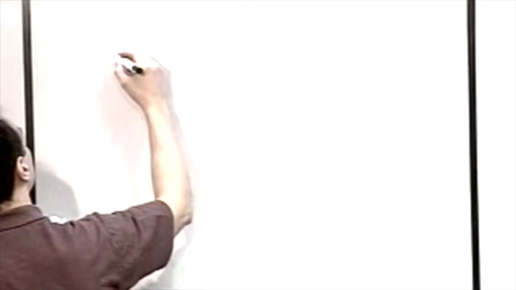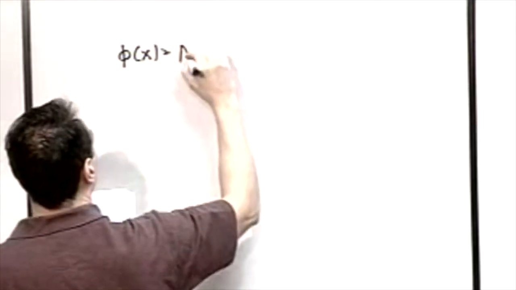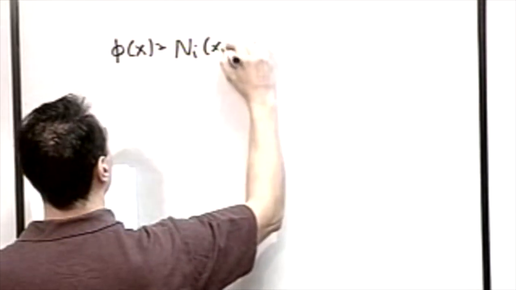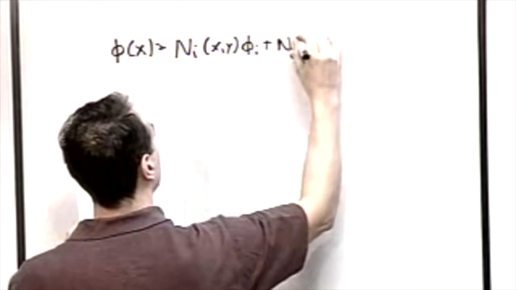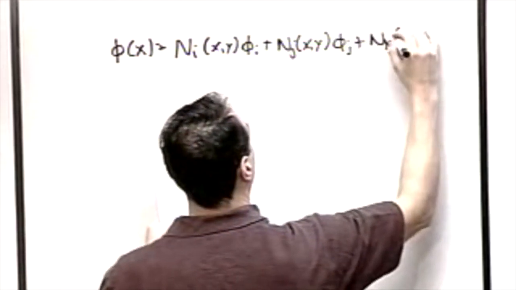So here's what you get. Your surface is given by n of i plus n of j plus n of k.